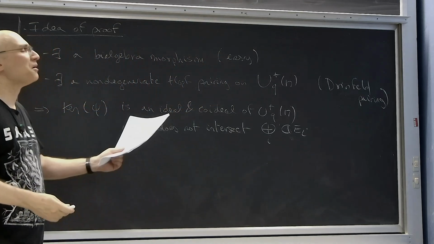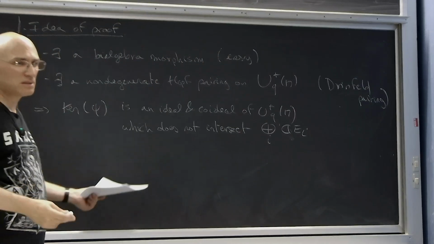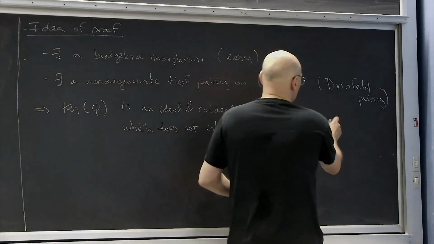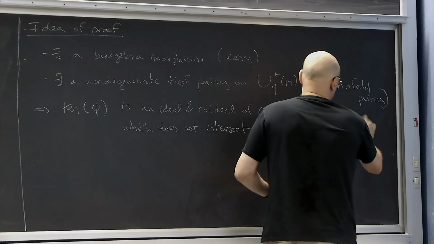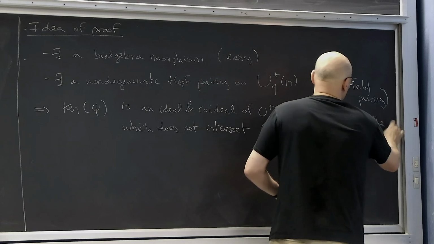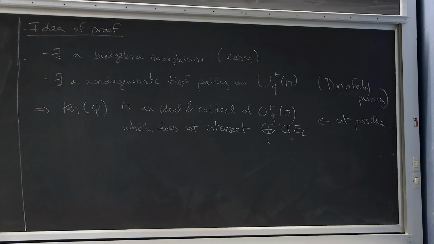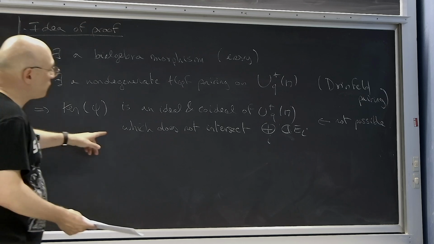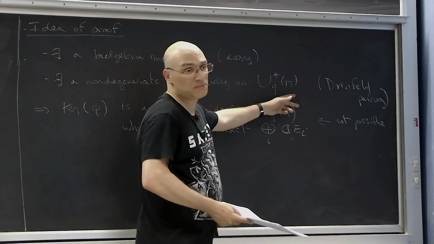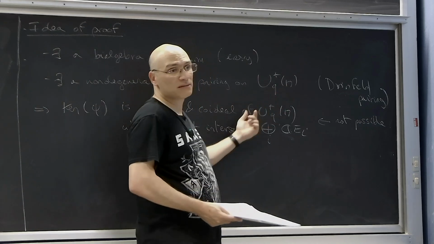Then from quantum group theory, it's not so hard to see that this is not possible. U_Q(n) does not possess many ideals and co-ideals.